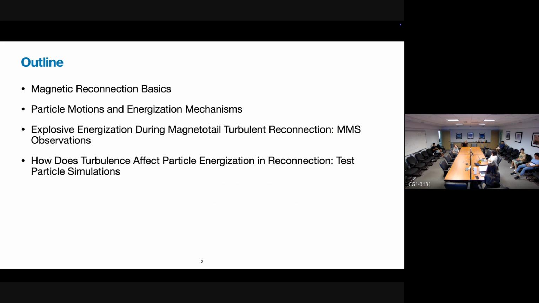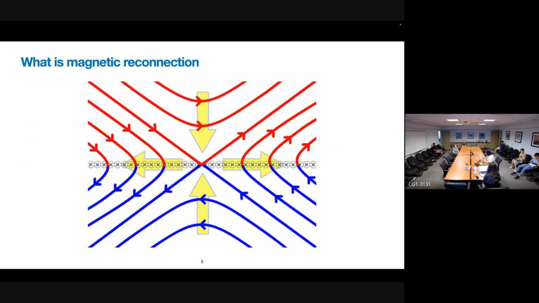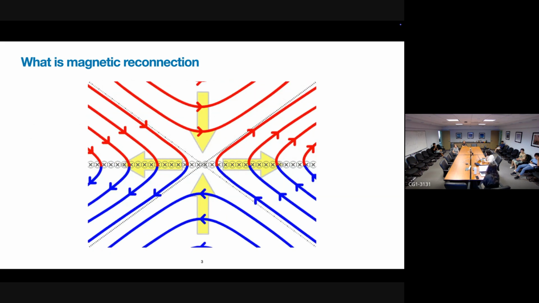We'll see one very impressive case in the magnetotail showing a reconnection EDR crossing with explosive energization process. And then we'll use test particles, with both electrons and ions, to deeply investigate how particles are energized in turbulent reconnection.